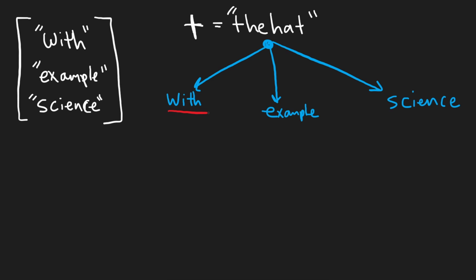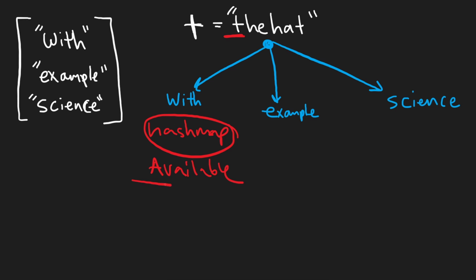If we choose the sticker "with", we want to know, does this sticker contain the letter T, because that's the first character that we're looking for? And how are we going to do that? We could just scan through the entire string, but an easier way would be to use a hash map where, for each of the characters, we count how many occurrences it has in the sticker. And we're going to be maintaining a hash map which basically tells us what characters are available to us based on all of the stickers we have chosen up until this point and the characters from the stickers that we've used.